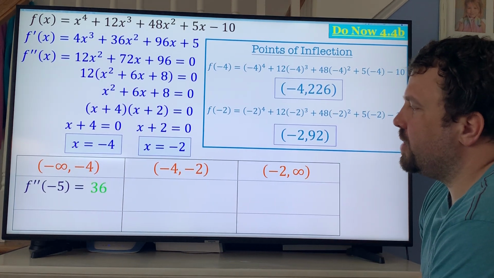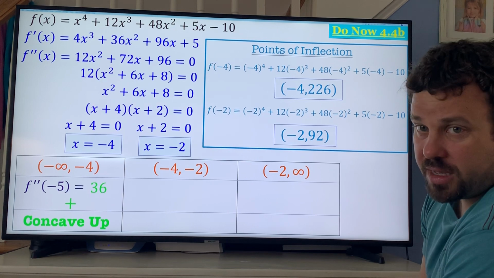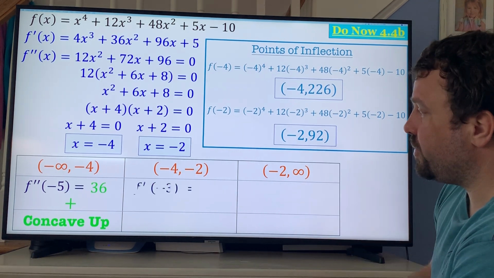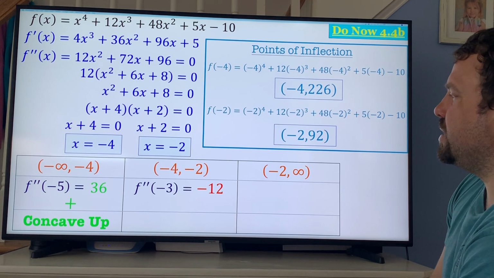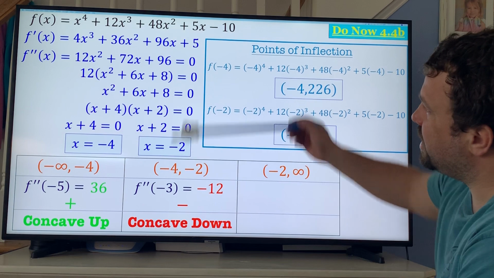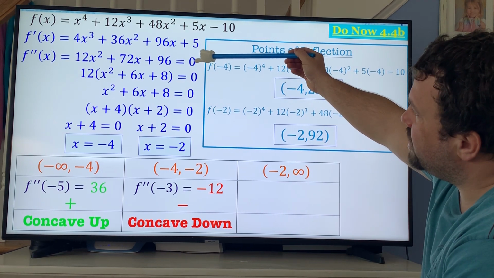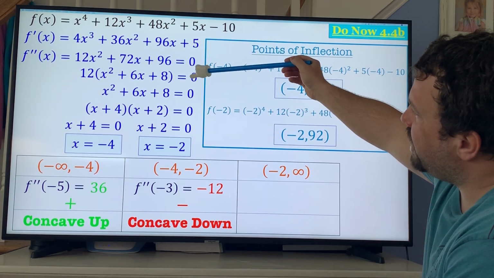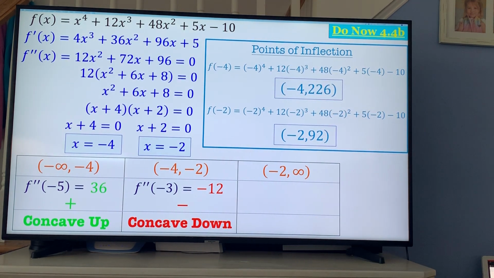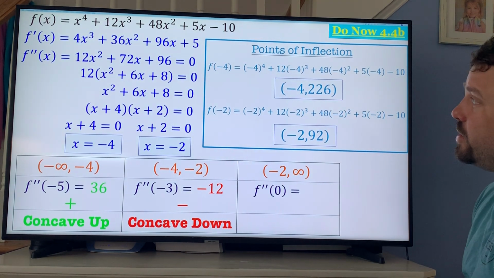Type in -5, you get 36, a positive number, which is concave up. Not 0. -3 though. -3 is -12. Gives you a negative number, which is concave down. And once again, you're plugging everything into this equation right here, or this equation, and you can even plug everything into this equation because all you're looking for is a sign. Right here, now you can use 0.